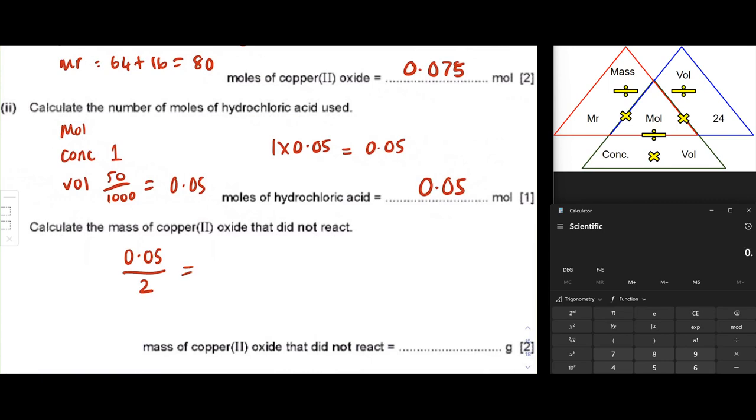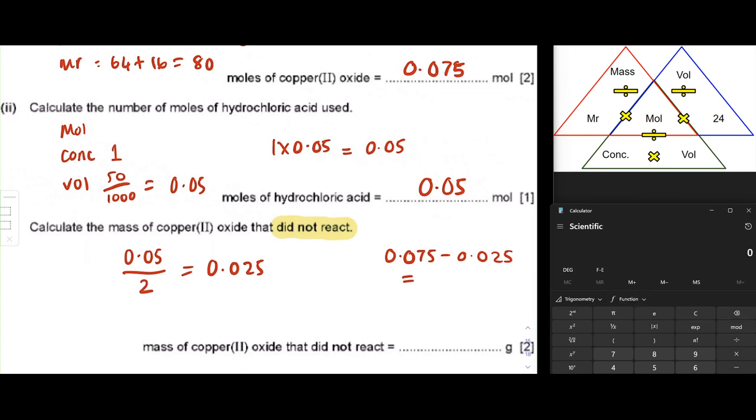So 0.05 divided by 2 gives me 0.025 moles of copper oxide that's been used. This is asking for the amount that did not react, not the amount that did react. So I need to look at how many moles I actually had, which was in part 1, 0.075, and minus off what I used, 0.025.